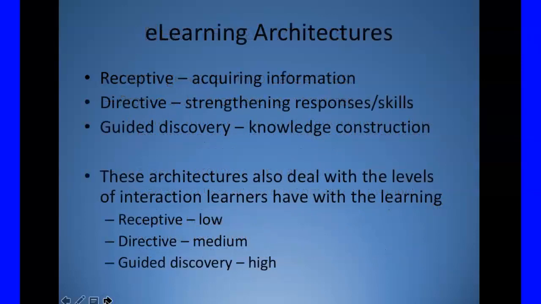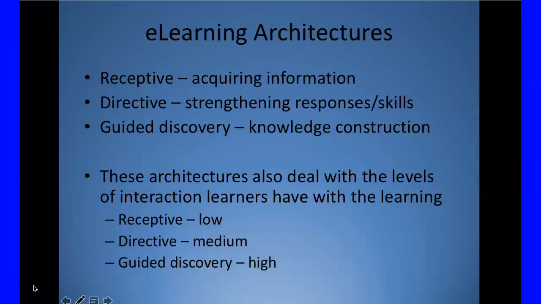We also have e-learning architecture that we need to be aware of. And although all e-learning is delivered on a particular digital device, different courses reflect different assumptions of learning, which we introduce here and describe. So we have different types of architecture based on learning assumptions.